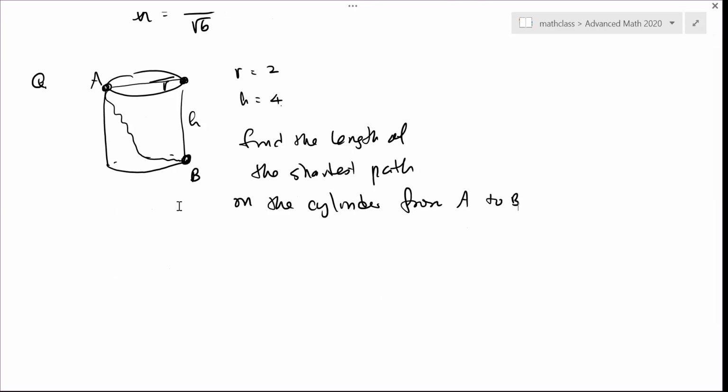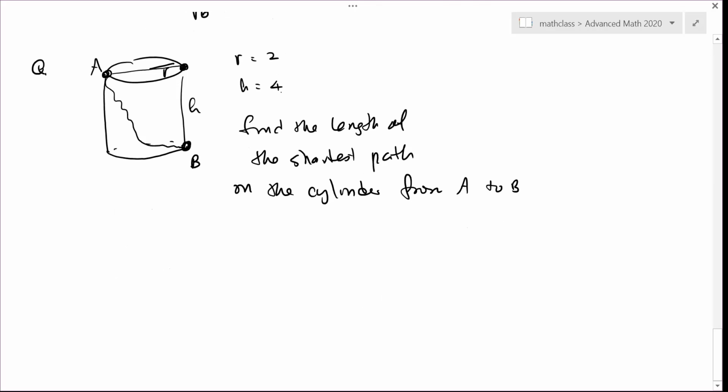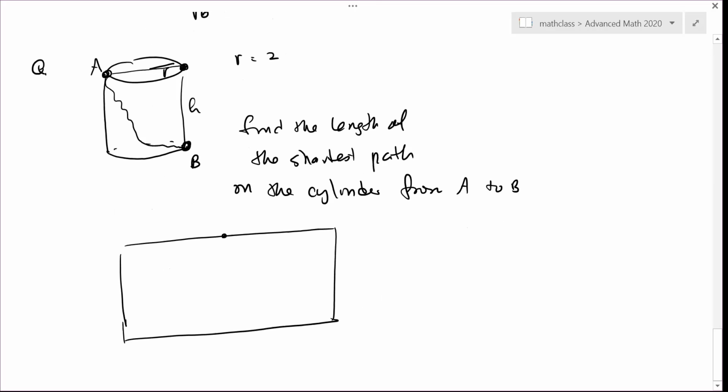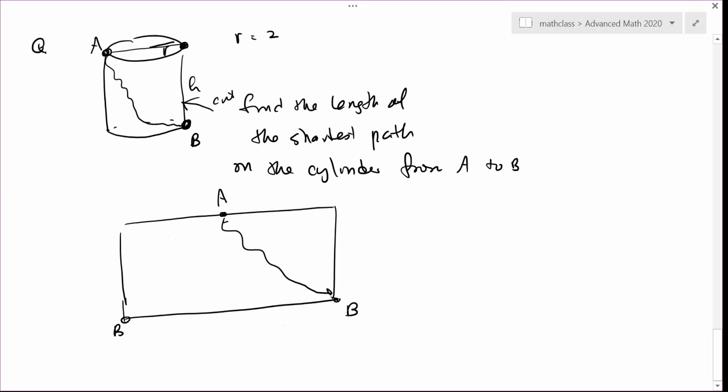Now, to solve this problem, imagine you cut open the cylinder. It depends on where you open it. If you cut here and open it, B is here and A is here, in the middle. So a path from A to B looks like that on the piece of paper, the shortest one.